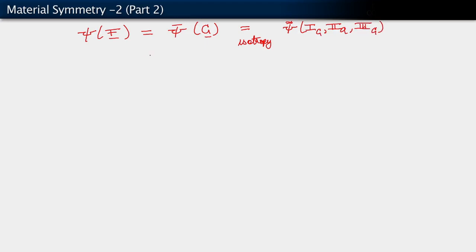Then we would have gone from a material that was just frame invariant in the middle to a material which is isotropic. So this requirement comes from frame invariance. And this last requirement comes from isotropy.